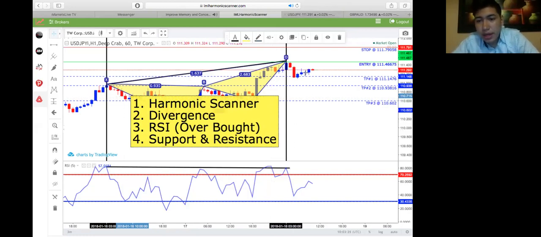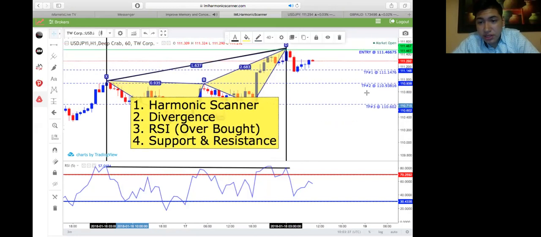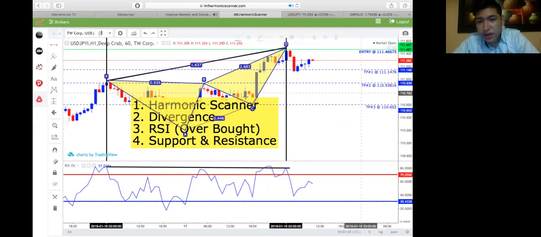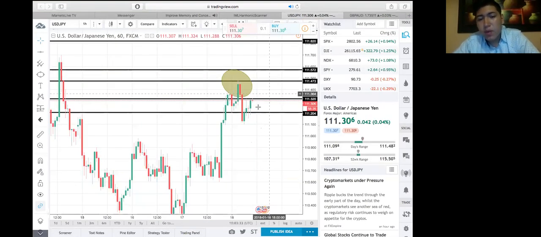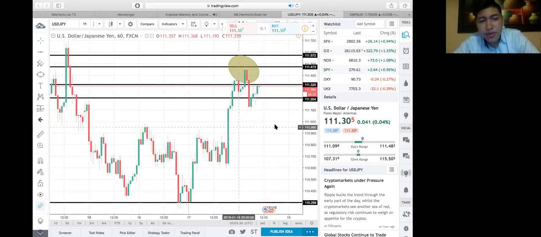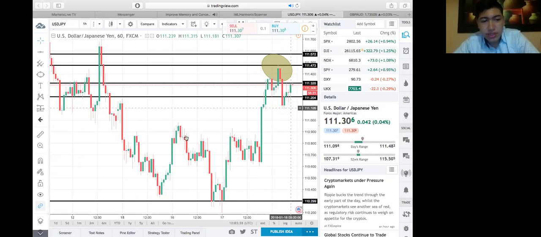Now, it hit the take profit one. As you can see, the scanner is very, very effective. I entered the sell, boom, it hit the take profit one. Now what's going to happen? Why did I take profit right here? It's going to be real, real simple. Check this out.